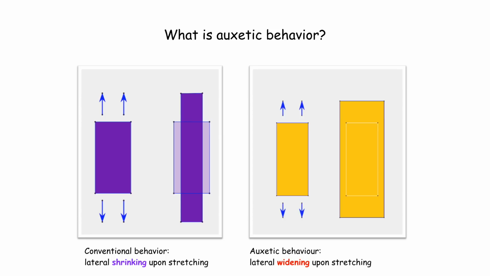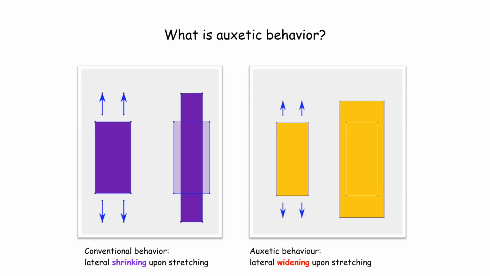If you pull it, as the arrows indicate, so if you want to stretch it, it will stretch, and laterally it will shrink. So this is the most typical behavior of the vast majority of natural materials.